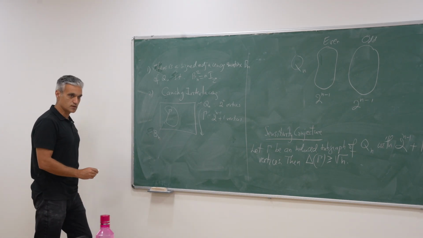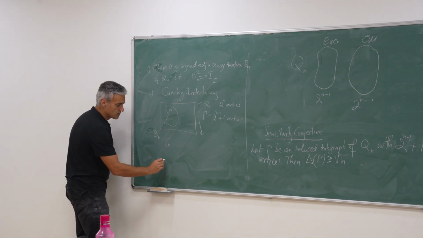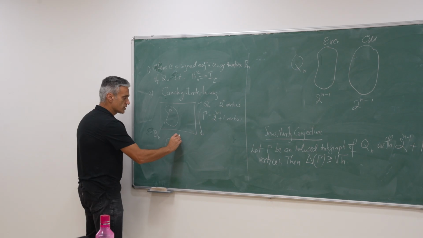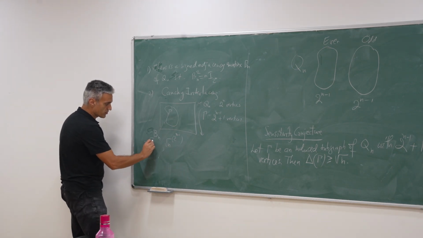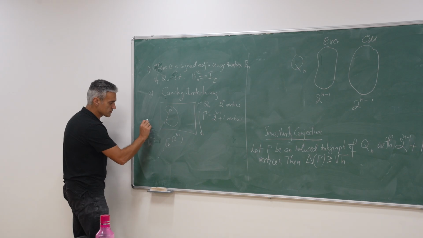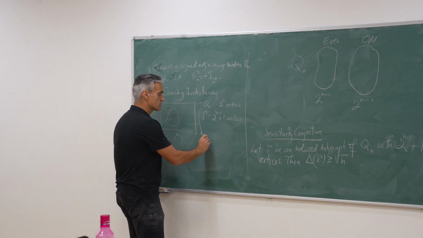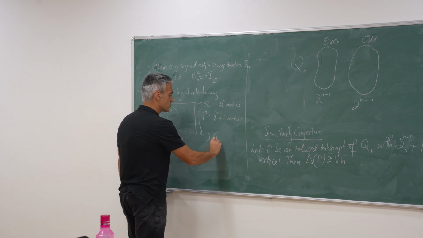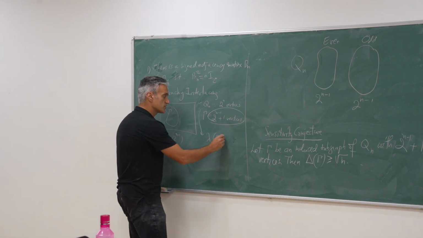The matrix B_n will have square root of n as an eigenvalue with multiplicity 2^(n-1), and minus square root of n with the same multiplicity 2^(n-1). So you will get that the largest eigenvalue of gamma, because it has these many vertices, is going to be greater or equal.